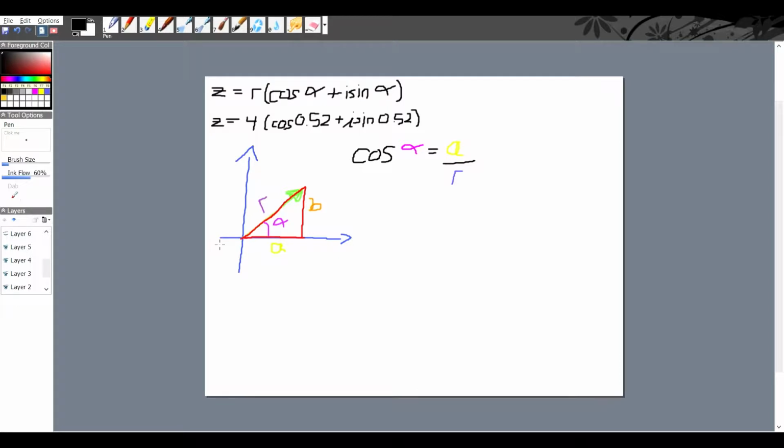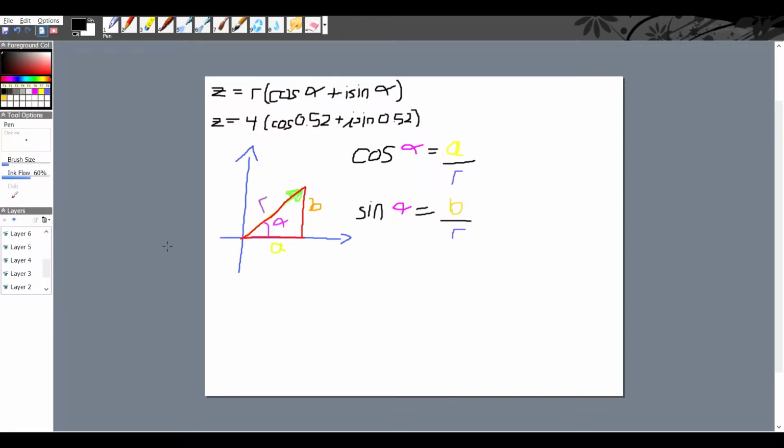So we will be using our trigonometric ratios here. We know that the cosine of the alpha angle is the adjacent side over the hypotenuse, which is the same as saying a over r.